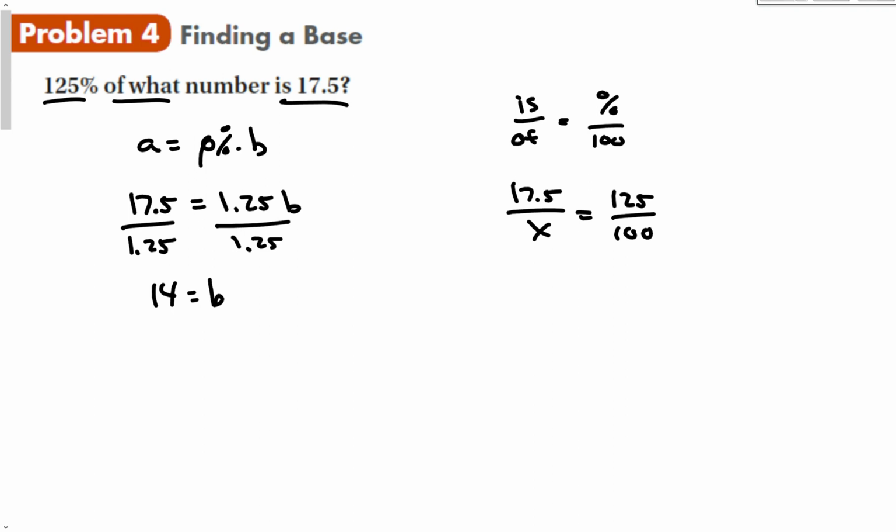So with problems like this, where we have a straight question with a bunch of numbers in it, sometimes it's easier to do the percent proportion because I don't have to remember to change that to a decimal. Okay, I can leave it as a percent, whatever number I see, the percentage. Okay, so in this case again, cross multiply and divide, and you will get 14 again.